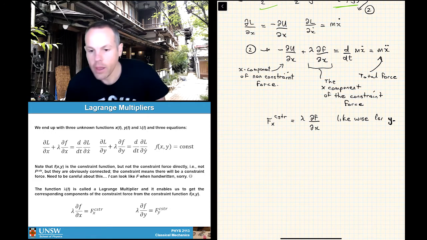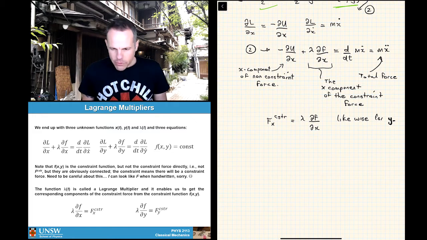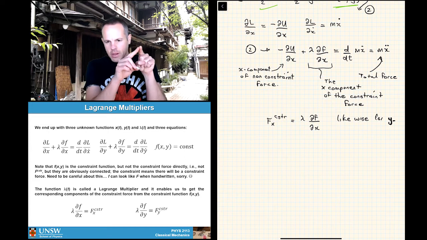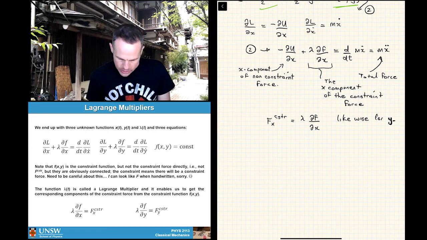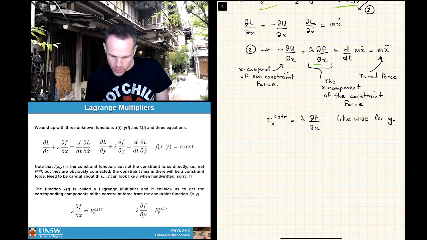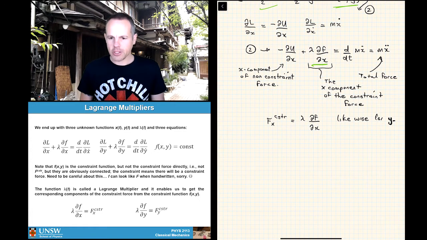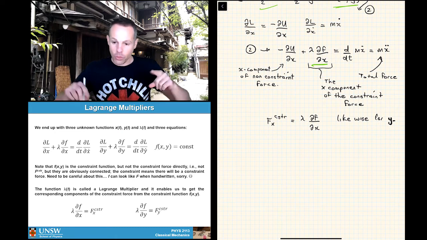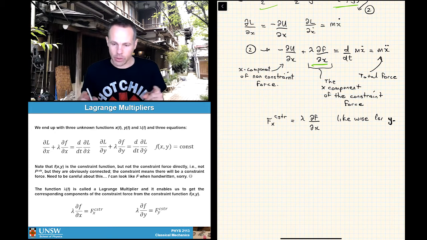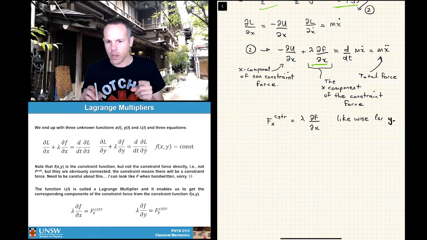All I've really done here is a little bit of a mathematical trick to add an extra term into my Euler-Lagrange equation that corresponds to the x component, or the y component, or whatever direction component you're dealing with, of the constraint force.